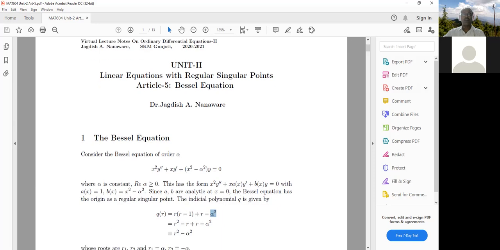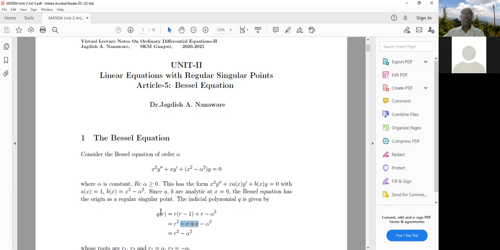And if we solve this further, after multiplication of r and r minus 1, this is r square minus r plus r minus alpha square, and addition of these two is 0, and we have only r square minus alpha square.